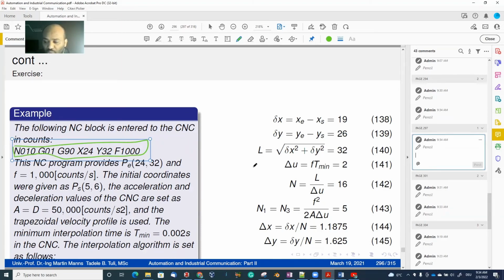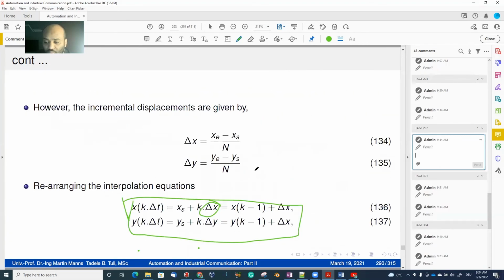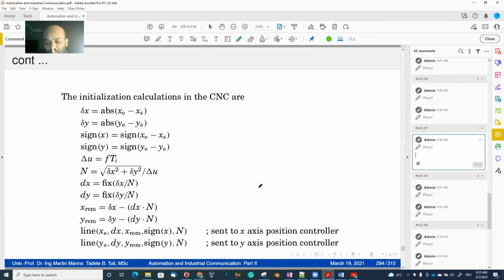So what you have to do is x10 equals xs plus 10 delta x, and y10 equals ys plus 10 times delta y, something like this.